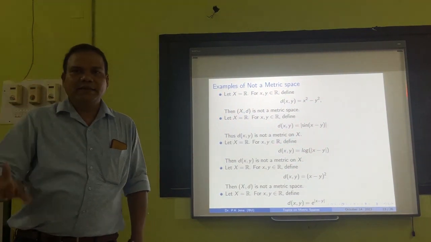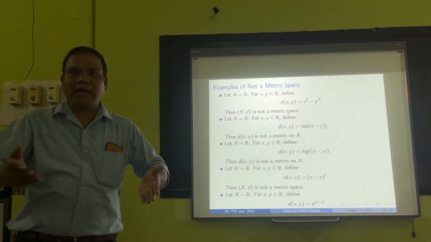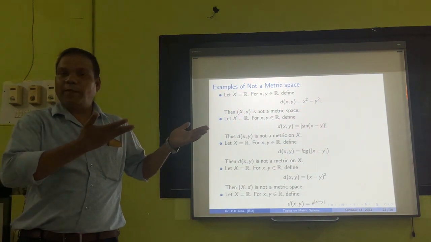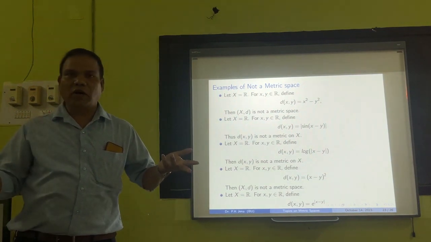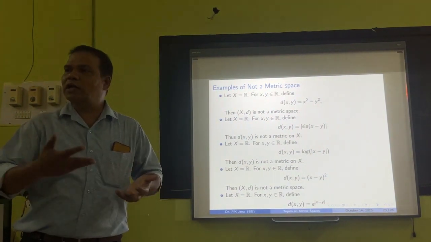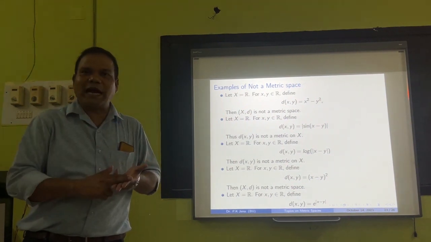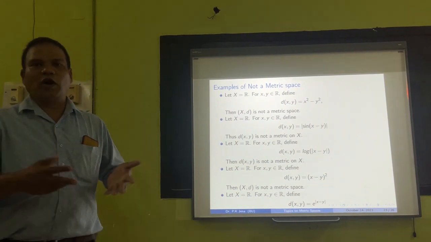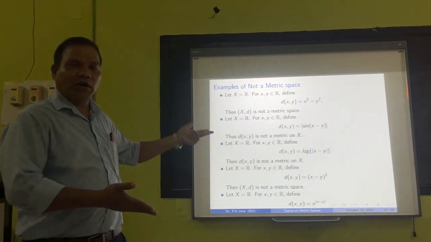We will check. We have not taken here the modulus. d(x, y) is x square minus y square. It will not satisfy d(x, y) greater than or equal to 0. Once it is not satisfying at least one of the properties of a metric, it will not be a metric space. The non-empty set together with this d is not a metric space.